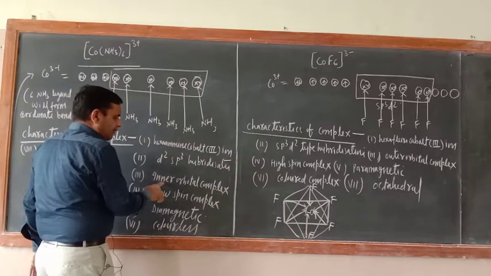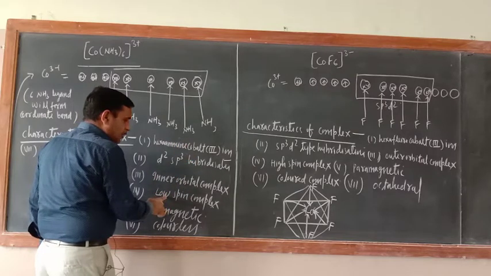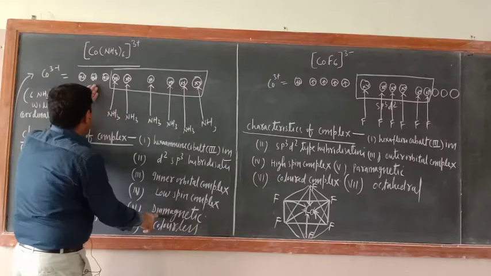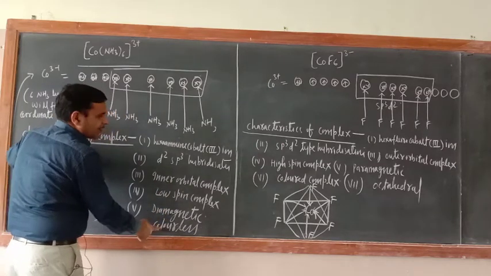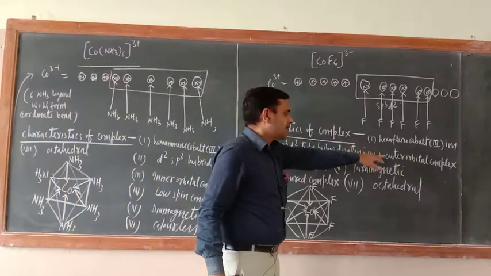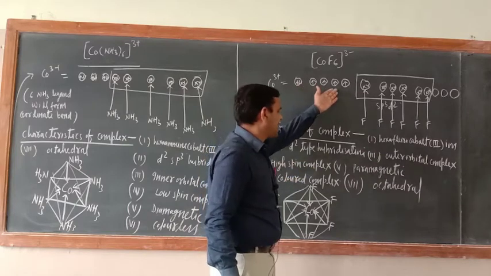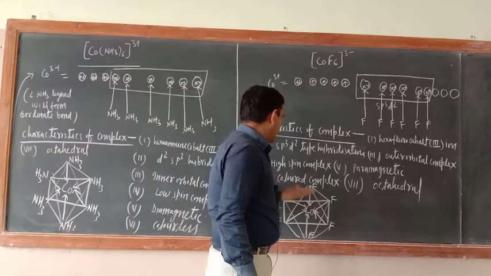Here inner d orbital is used, that is an inner orbital complex. Inner orbital complex means low spin complex. Unpaired electron is not there, so diamagnetic and colorless. Here outer d orbital is taking part, so outer orbital complex, high spin complex, with many unpaired electrons. Paramagnetic, and now colored.